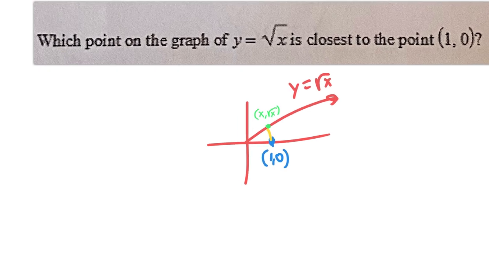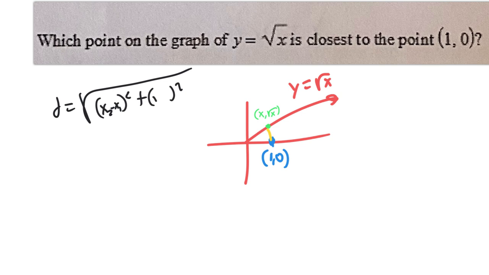And let's remind ourselves the distance formula is x2 minus x1, y2 minus y1. Let's go ahead and call this x1, y1. We'll call this x2, y2.